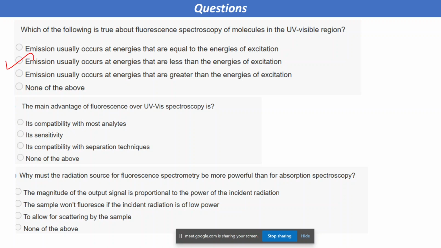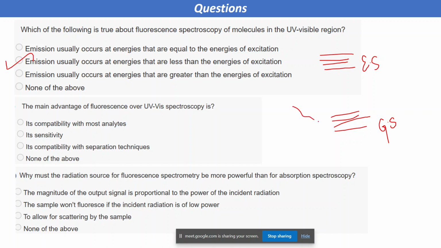Suppose a molecule is in the ground state and this is your excited state. There are also vibrational bands, and similar vibrational bands are here also.